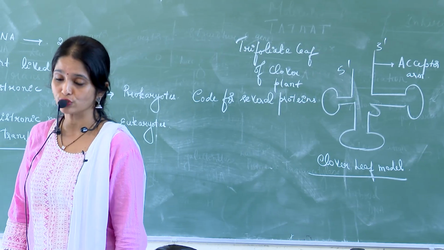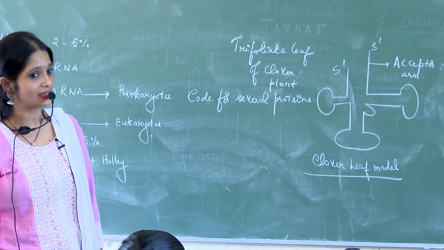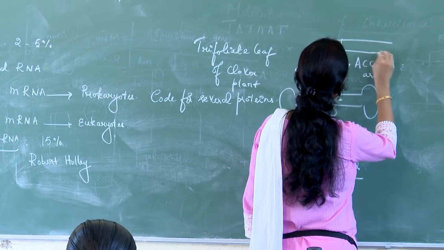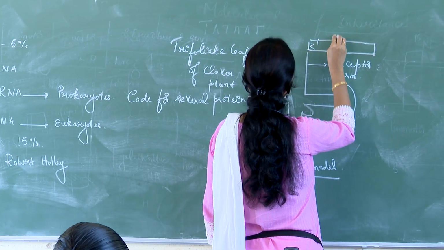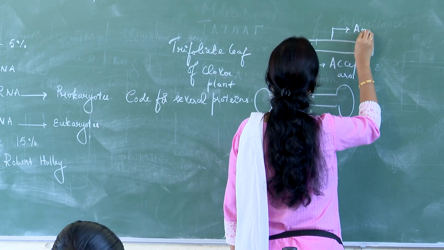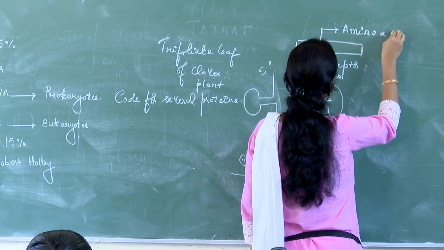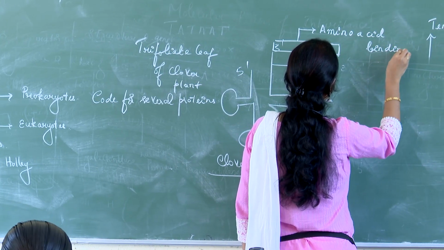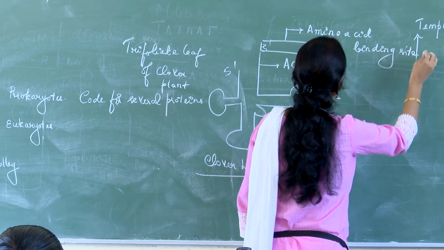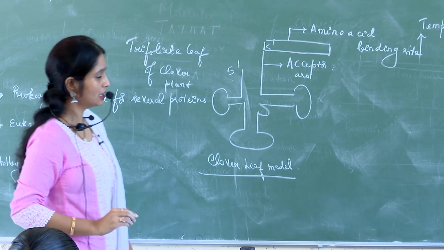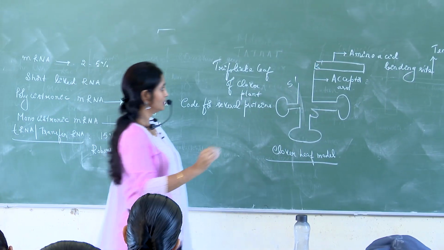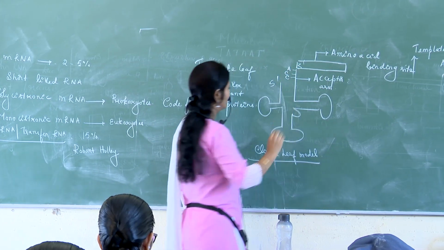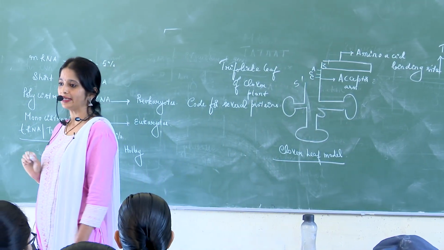Its function is to bind to the amino acid. It binds at the 3' end. So this is the amino acid binding site, and here the nitrogenous bases present are CCA, cytosine, cytosine, adenine.